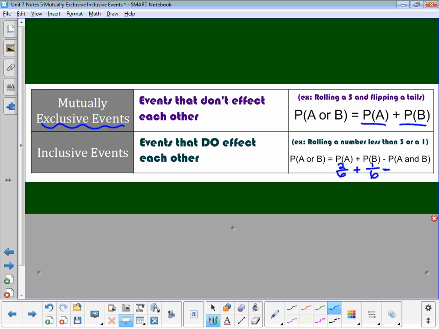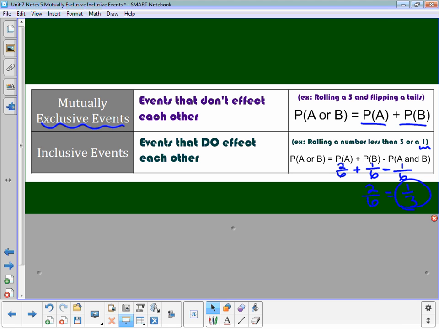That's the inclusive part of it. The ones that are included in both, you have to take away because they were counted twice. So the number 1 was counted in there twice, so I have to take away 1/6. So my probability here would be 2/6 plus 1/6 minus 1/6, which is still 2/6 or 1/3.